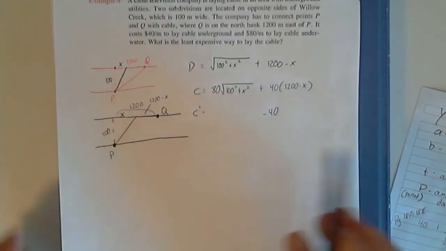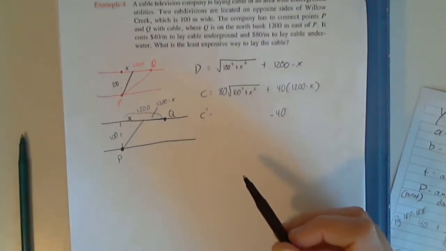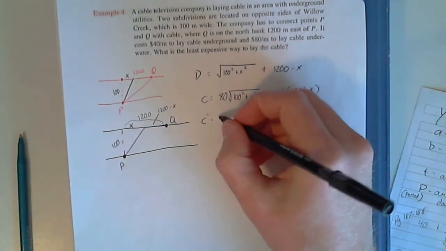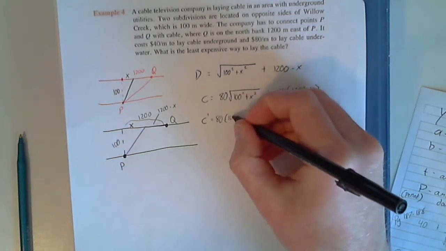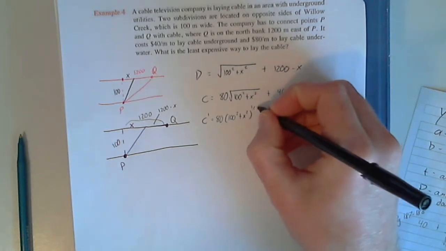And it should be, if I can think about this. Why don't we actually calculate it? So 80 times 100 squared plus x squared all to the power of half.